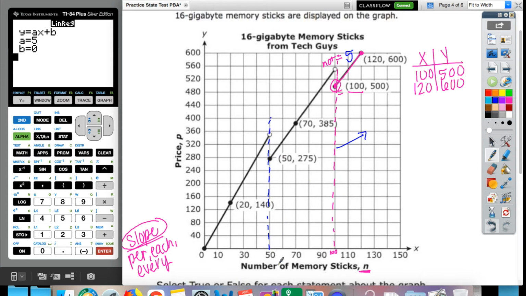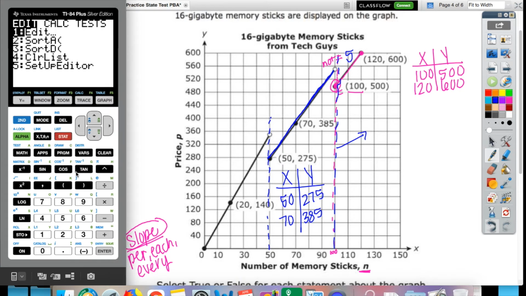And again, you want to look for the line that's between 50 and 100. So that's going to be this line right here. So they gave me my 2 points for that. I'm going to make my table from least to greatest. So 50, 275, and 70, 385.